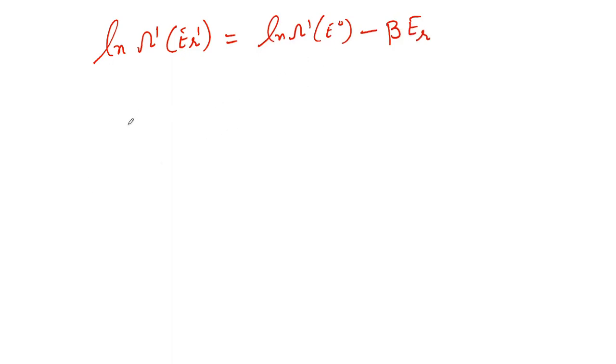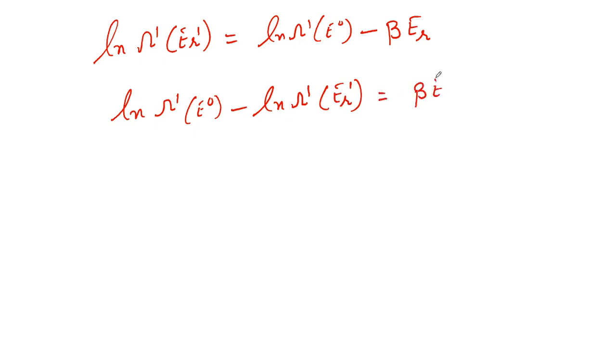Now moving this toward the left hand side, this equation becomes log of omega dash E naught minus log of omega dash ER dash, that is equal to beta into ER.